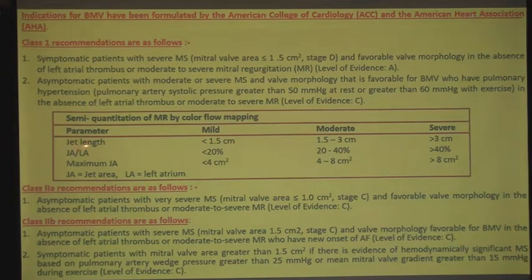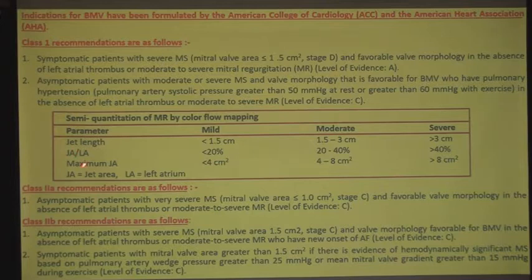If you see jet length less than 1.5 centimeter, this is mild MR. If you see jet length 1.5 to 3 centimeter, this is moderate MR. If you see more than 3 centimeter jet length, this is severe MR. If you see jet area in left atrium less than 20%, it is mild MR. If you see jet area in left atrium 20 to 40%, this is moderate MR. If you see jet area in left atrium more than 40%, this is severe MR.